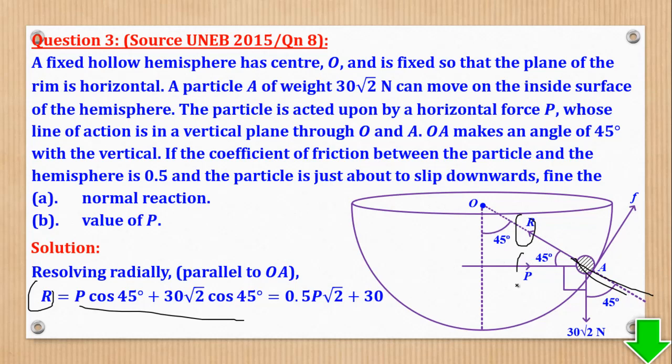When I resolve it to this line radially, I'll come up with P cos 45. Then also this way, along this line, I'll come up with 30 root 2 cos 45. Cos 45 is 1 over root 2, so I'll simplify this to come up with this.